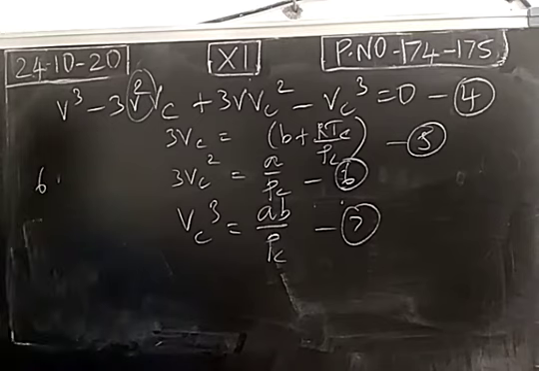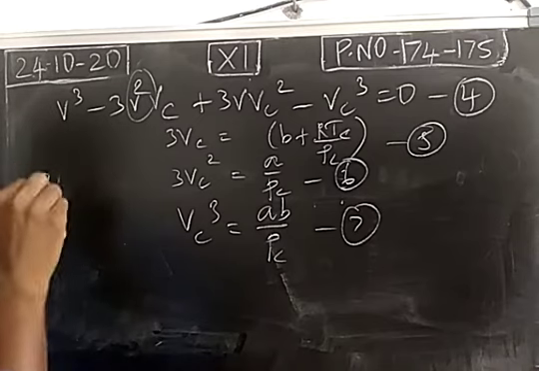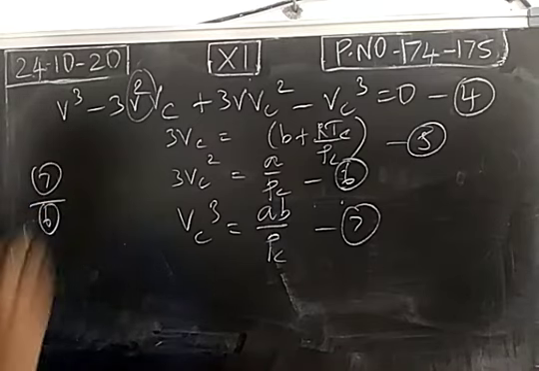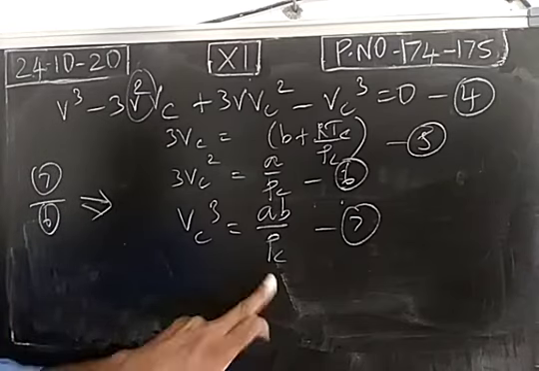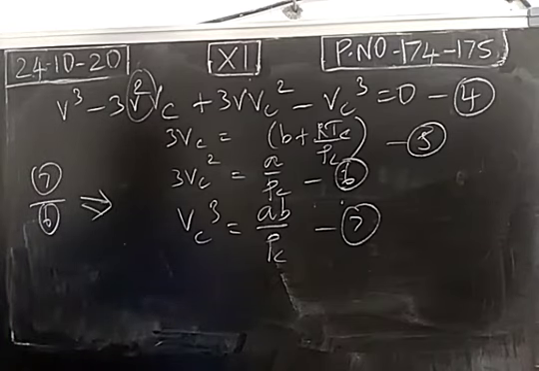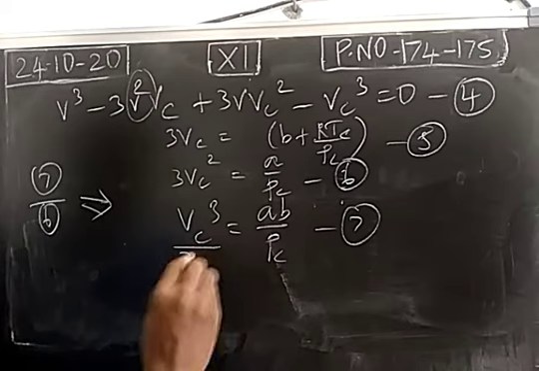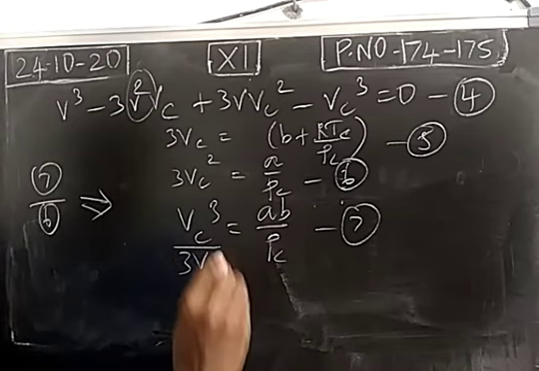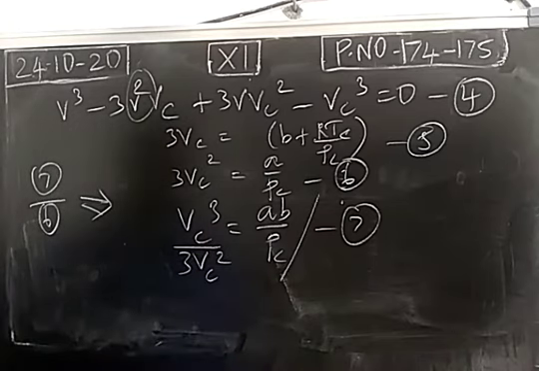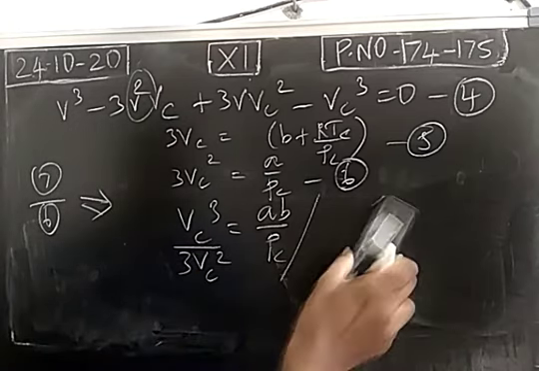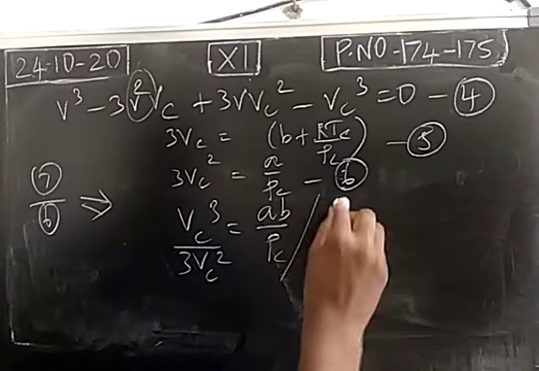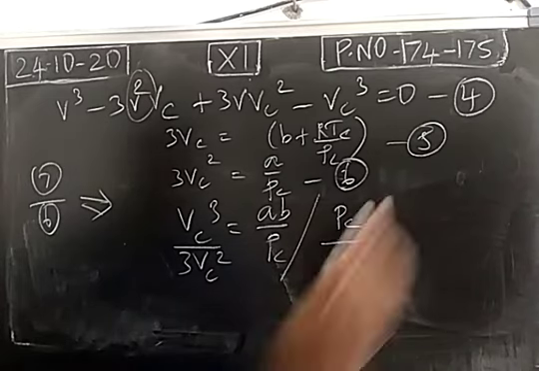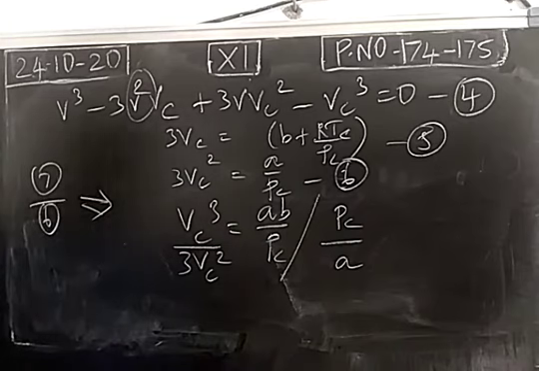Just divide equation 7 by 6. When this is divided by the 6th equation, 3Vc square, and so on.